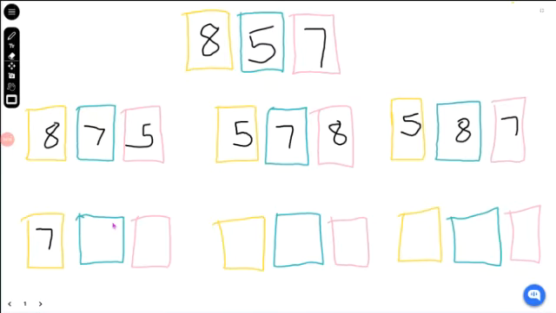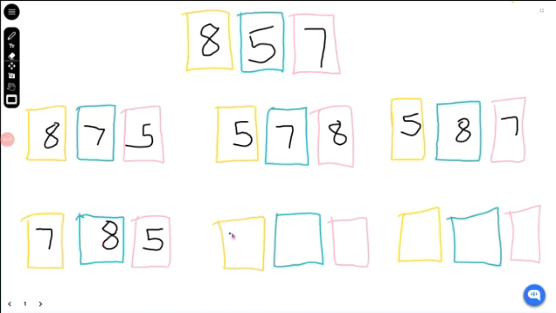So 8 will be next. So 7, 8, and then 5. Or we could say 785. That's correct. So 785. Brilliant.